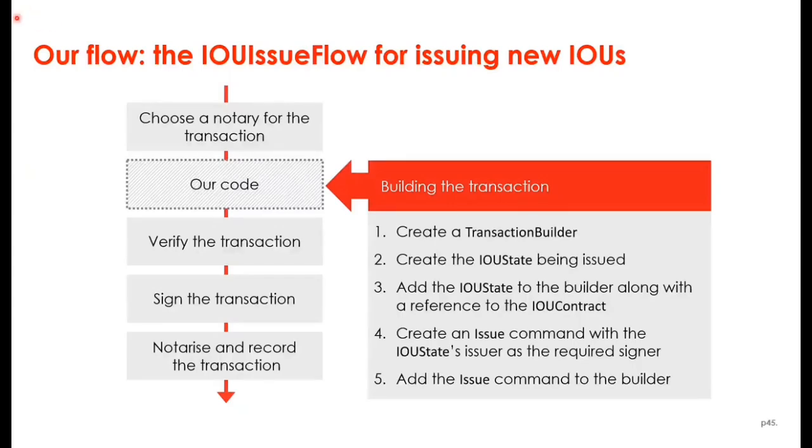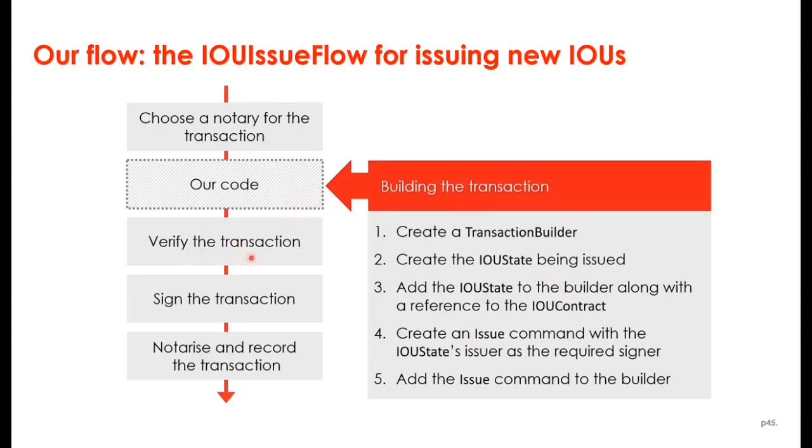As promised, if you get a chance, please take a look back at the class we just looked at, IOU issue flow. If you remember, in the sequence, we chose a notary for the transaction, and then in our code, we created a transaction builder, created the IOU state, and created an issue command. Take a look at all of that. This was what was really custom for our transaction.